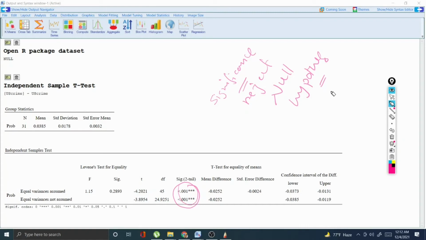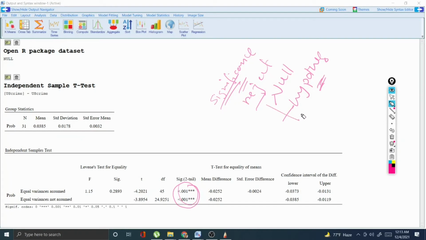That's why we are rejecting the null hypothesis and accepting the alternative hypothesis. So if it is significant, reject the null hypothesis. If it is not significant, accept the null hypothesis.